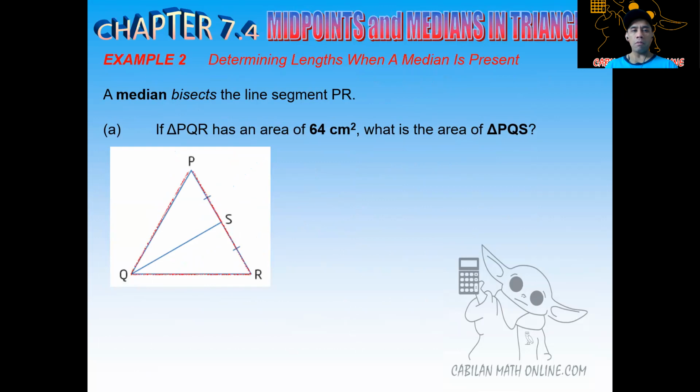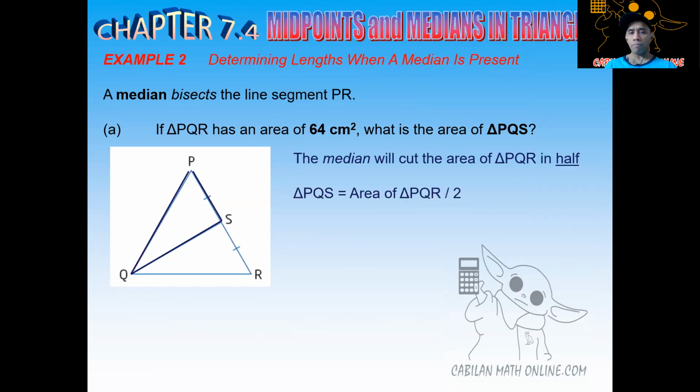So we know what I've outlined there in red is going to be 64 square centimeters. And what we want to do here is to determine the area of PQS, which is half of it. So again, the whole triangle is 64 square centimeters, and we just want to figure out the area of the smaller triangle, which, as I said before, is exactly half. So all we're going to do here is take the 64 divided by 2. So the area of triangle PQS here will be 32 square centimeters.